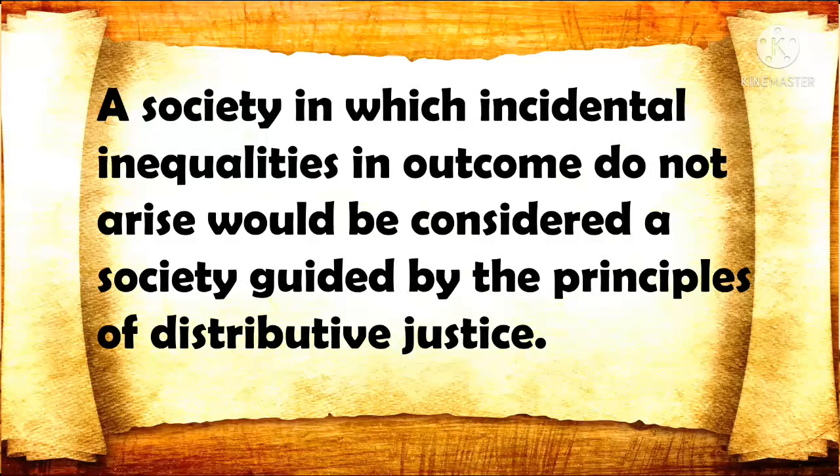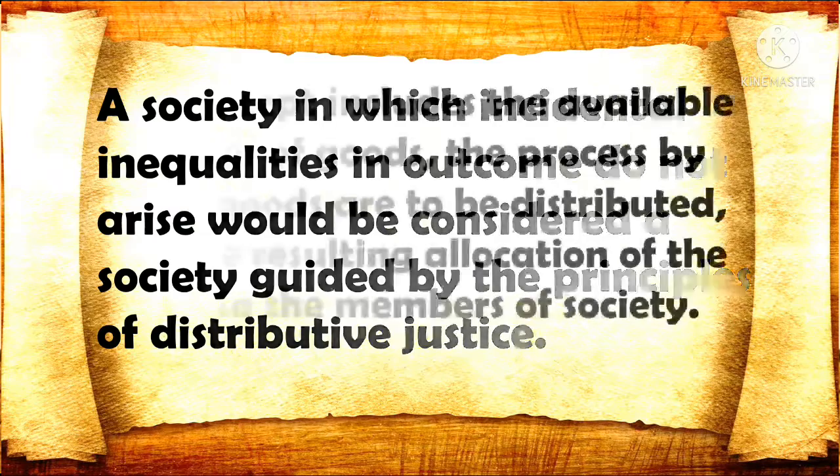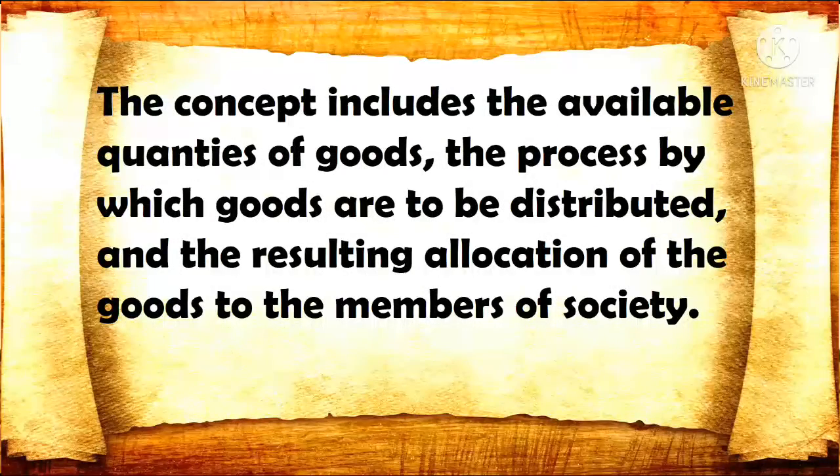A society in which incidental inequalities in outcome do not arise would be considered a society guided by the principles of distributive justice. The concept includes the available quantities of goods, the process by which goods are to be distributed, and the resulting allocation of the goods to the members of society.